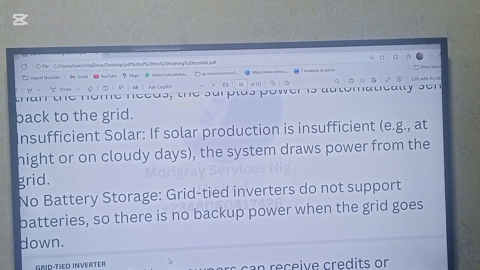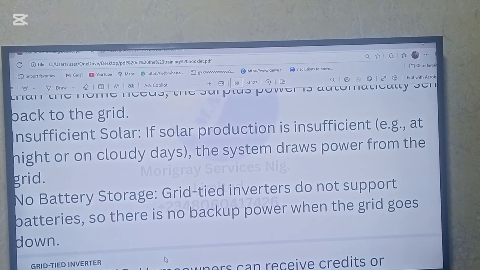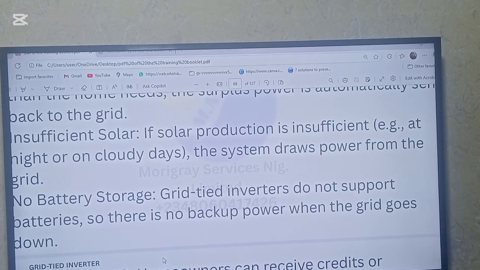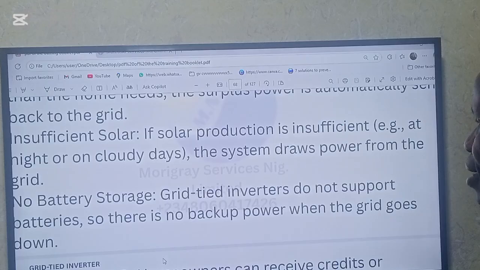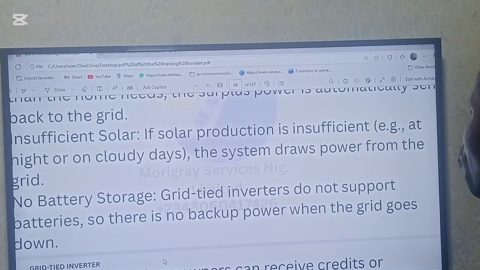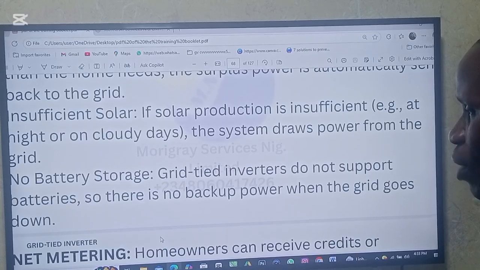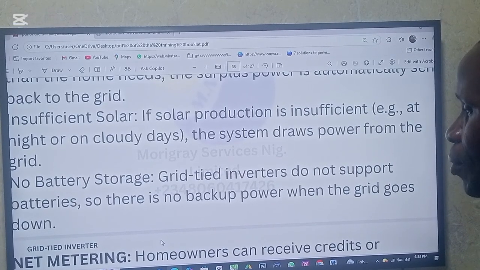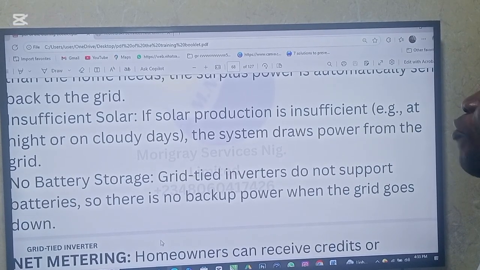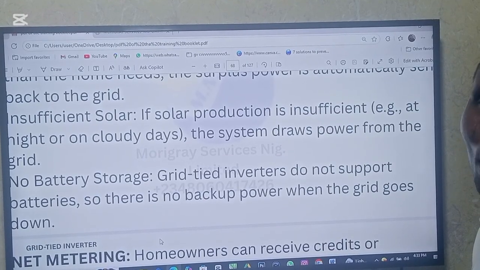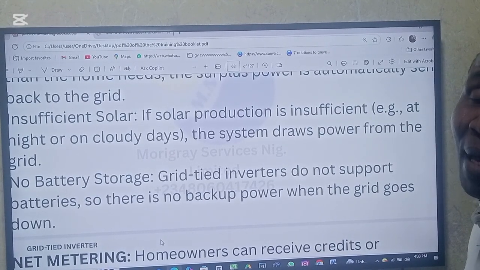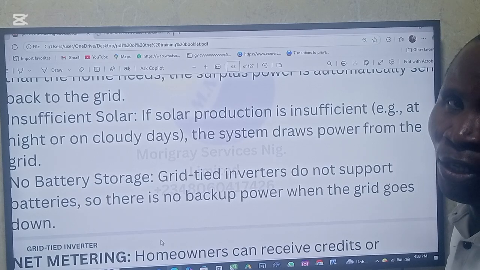If solar production is insufficient, for example at night or on cloudy days, the system draws power from the grid where you have installed it. But have it at the back of your mind that a grid-tied system does not require a battery. That makes it very, very cheap.